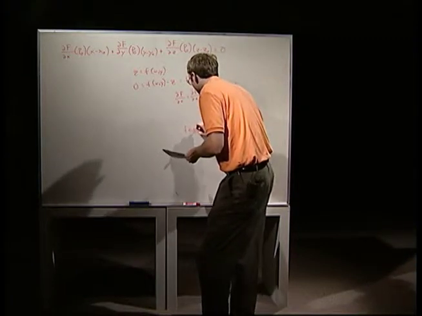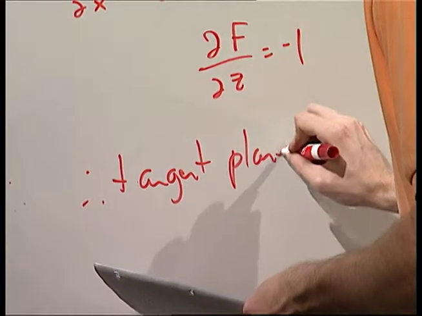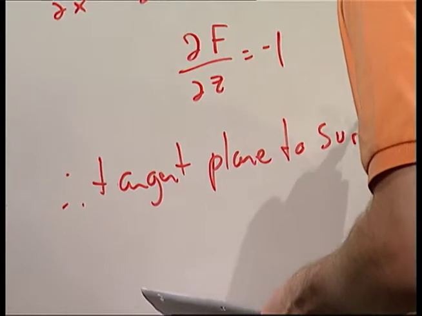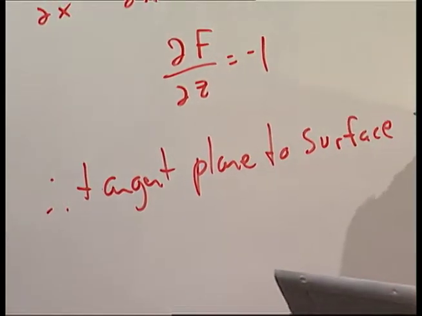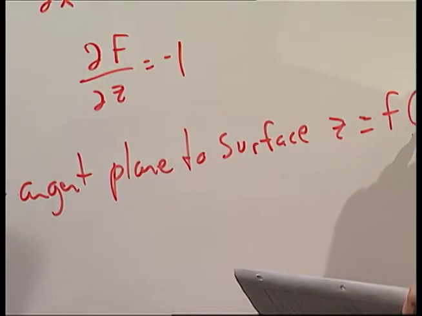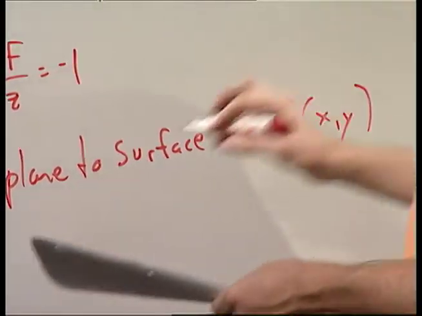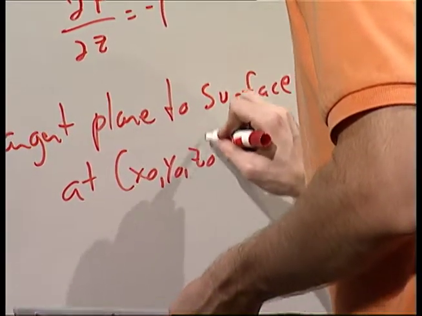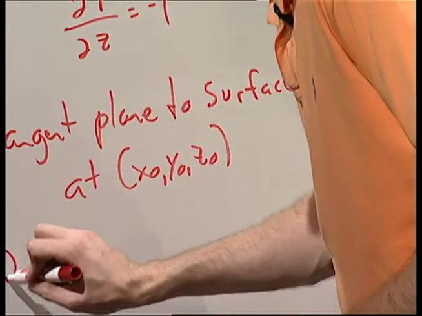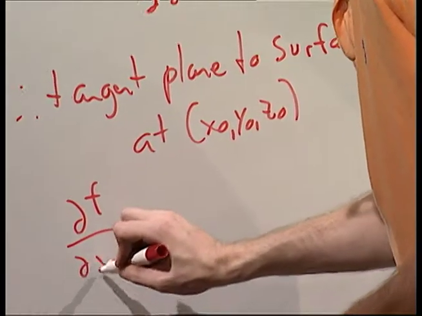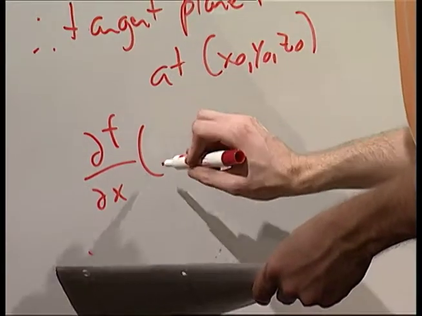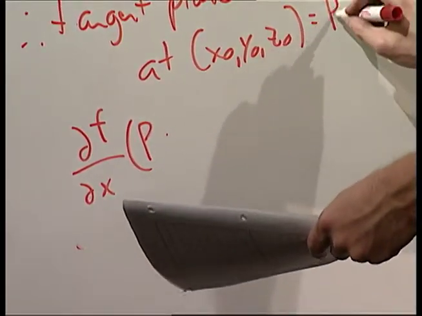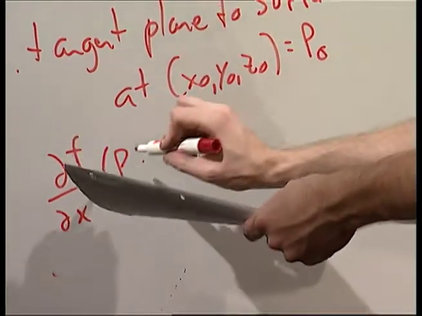So sort of the more common way to see this maybe is if we have just a surface given as a function of x and y, z equals f of x, y, at a point x naught, y naught, z naught, then everything is the same as above. And this is p naught. All right.